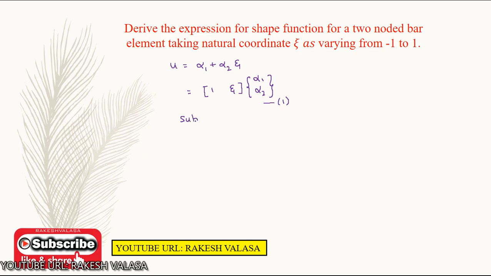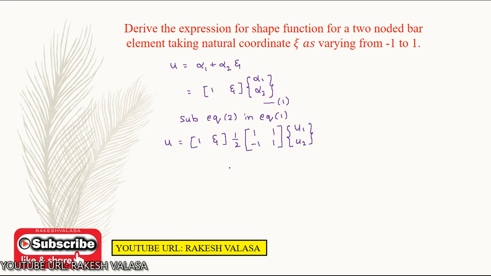Substitute equation number 2 in equation number 1, that is u equal to 1 zeta, where zeta is the natural coordinate, times 1 by 2 into the matrix 1 1, -1 1, where alpha 1 alpha 2 are the unknown coefficients, into the displacement vector u1 and u2.